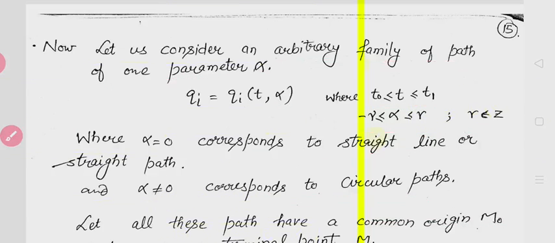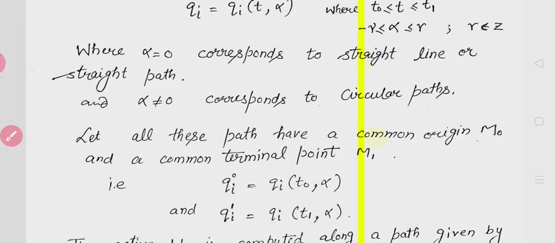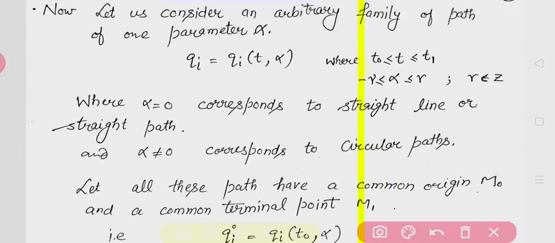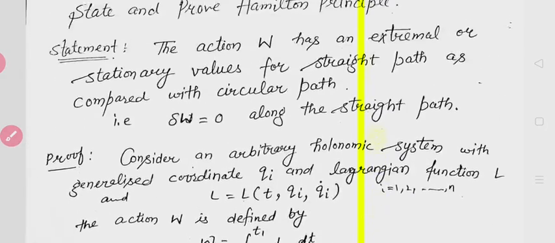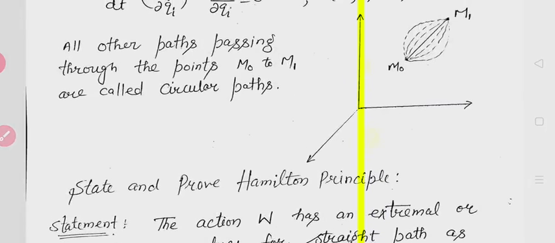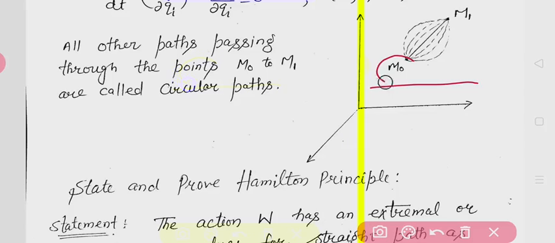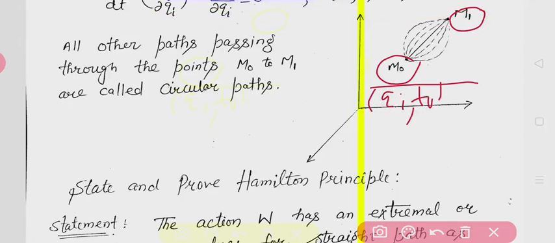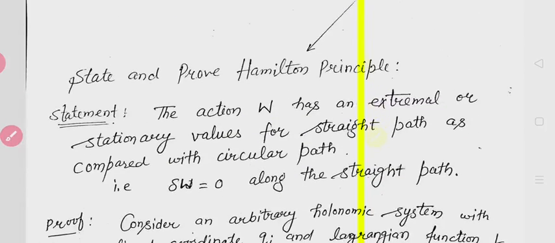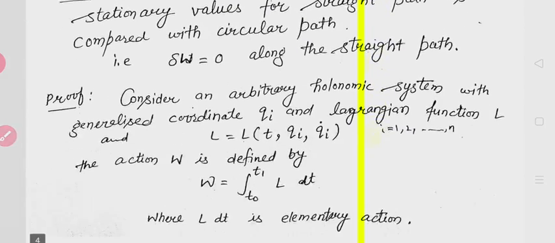So we know that all the paths have a common point, as shown in the figure above. All the paths have the initial point m0 and the final point m1. The initial point means qi at t0, and m1 means qi at t1. Similarly, I have shown qi as a function of t and alpha.